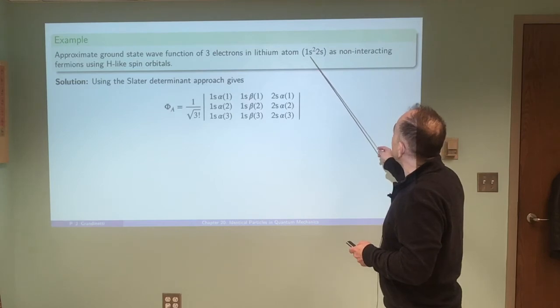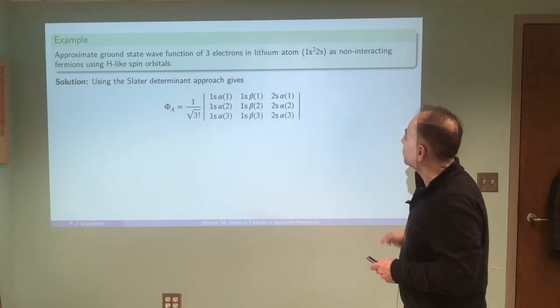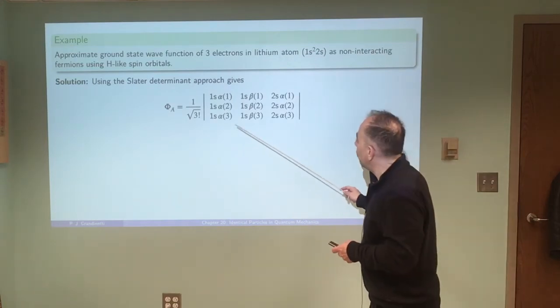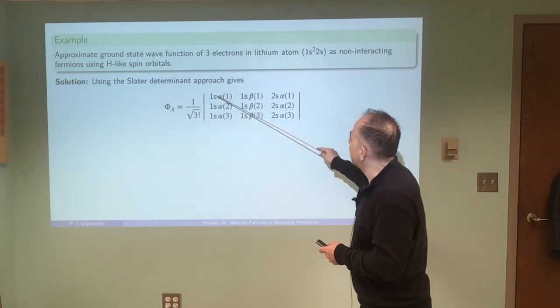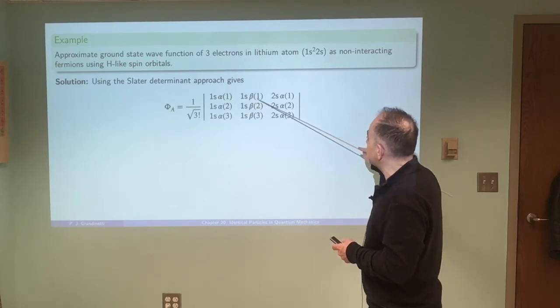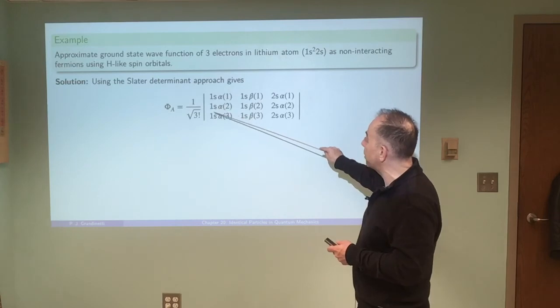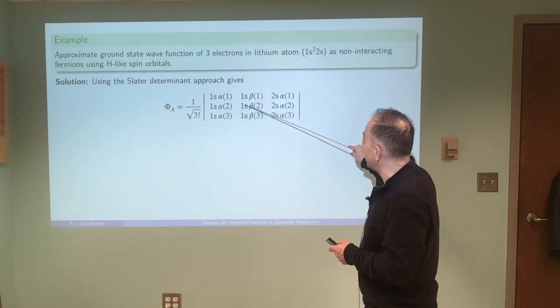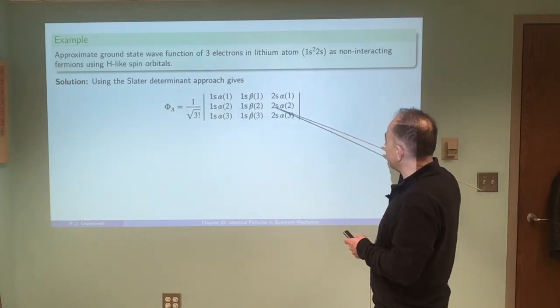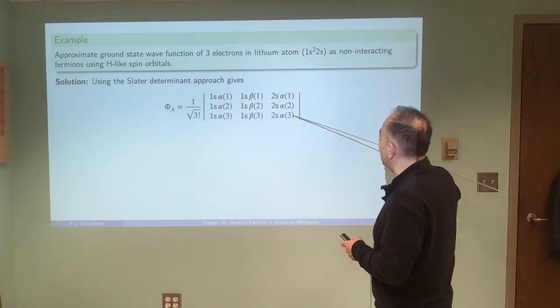So if I take a case like this where I have a 1s, 2s, 2 electrons in the 1s, 1 electron in the 2s, then 1 electron can be put in the 1s in the up state, 1s in the down state, and the 2s in the up state. That's the first electron. The second electron could go in the 1s in the up state, the 1s in the down state, and then the 2s in the up state, and so on. We can put the third electron like this.